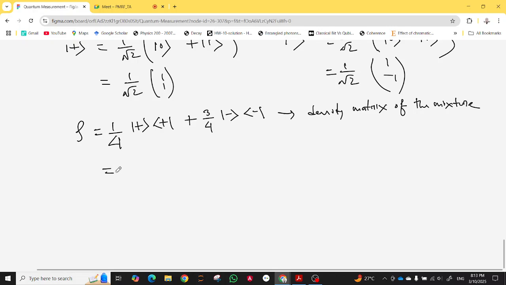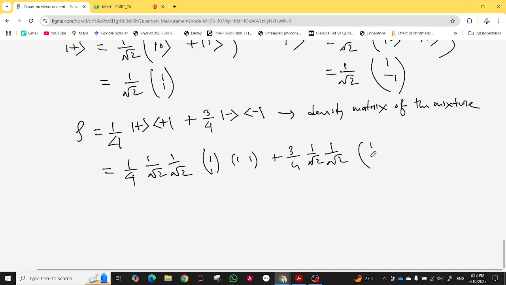Now what will be these things? 1 by 4, times 1 by root 2, 1 by root 2, times the matrix 1 1 1 1, plus 3 by 4, times 1 by root 2, 1 by root 2, times the matrix 1 -1 -1 1.